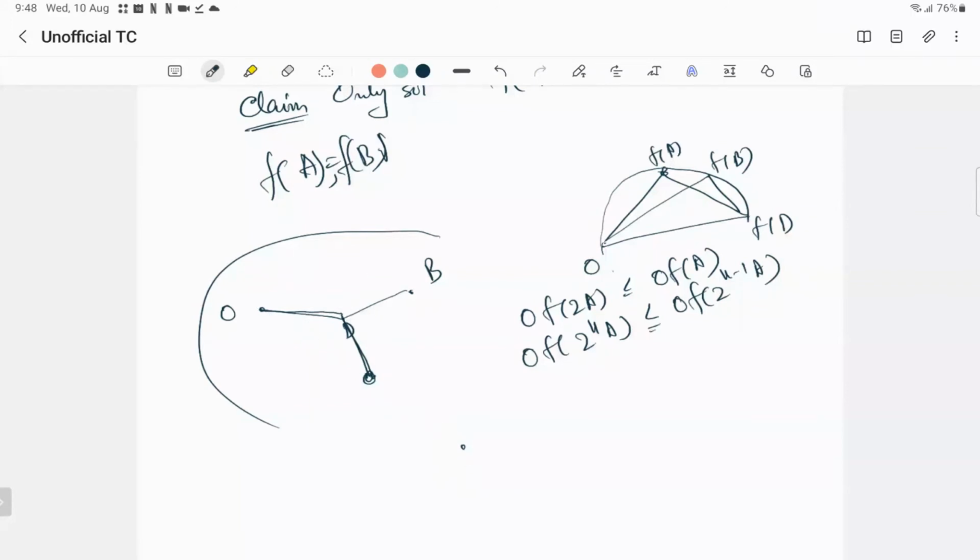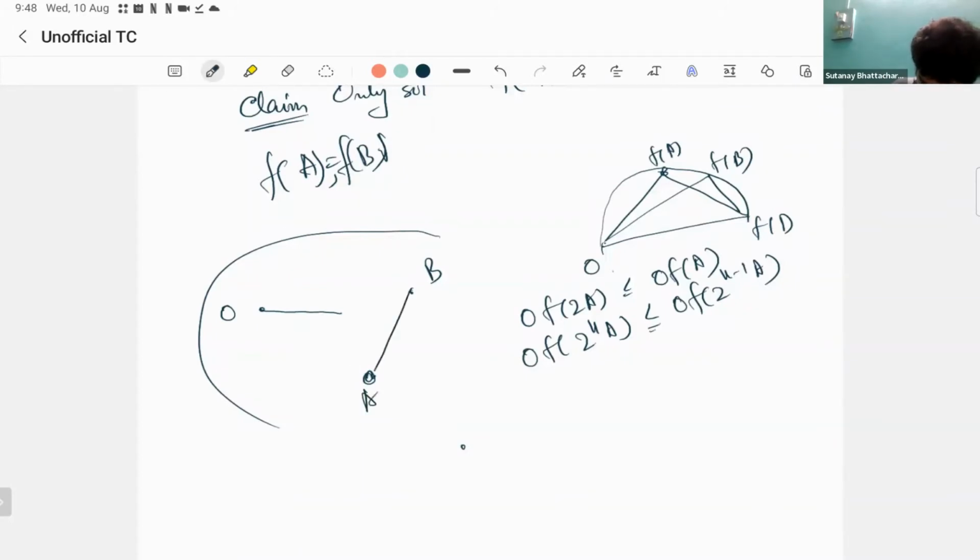Reflect O over AB. Okay, I'm bad at trying this. Yeah, reflect O over AB.